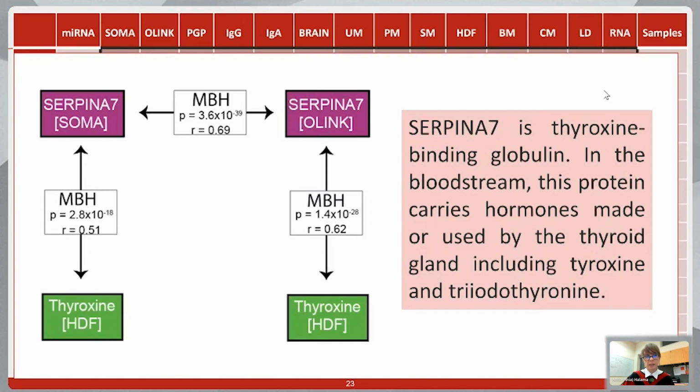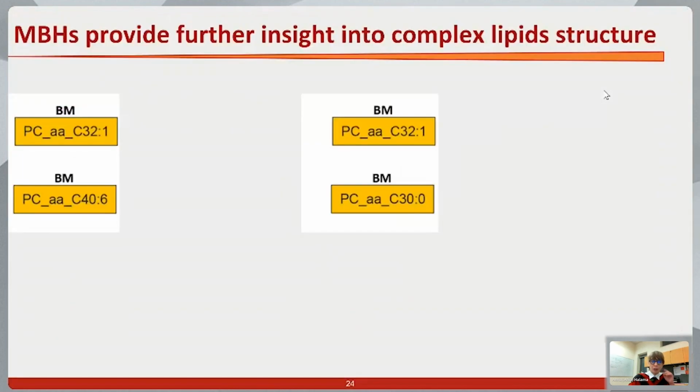And as you can see here, the mutual best hits really reflect true biological processes. We have many of them, and as we go further down the line through this presentation, you will also be able later on to use our resources to look at your molecule of interest.